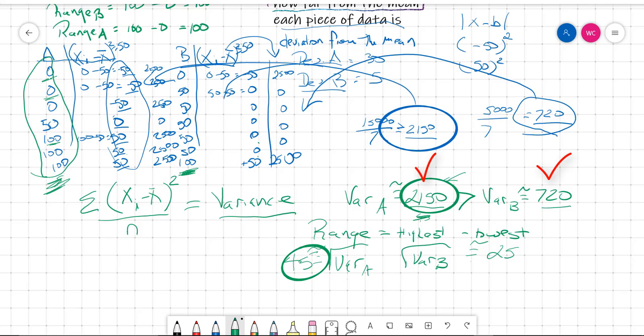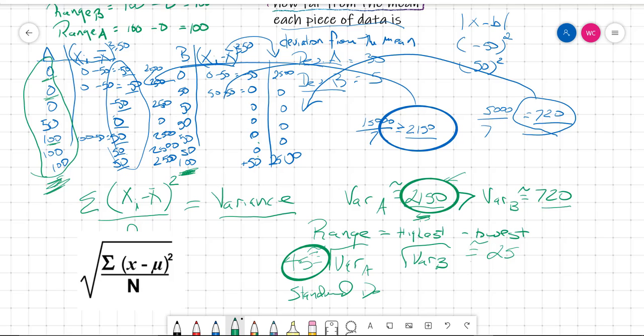Now the square root of the variance is what's called the standard deviation. So the standard deviation tells us again that dataset A was much more spread out than dataset B.